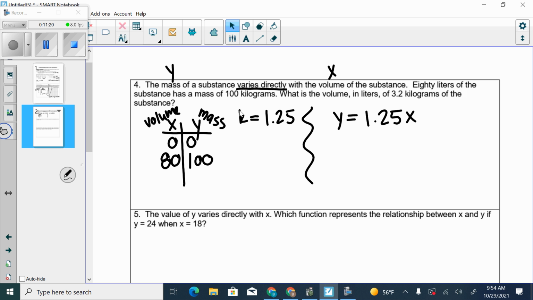They also said they want to know what would the volume be of 3.2 kilograms of the substance. Okay, so remember, kilograms was the mass. So I would take that 3.2, plug it in over here, set it equal to 1.25, and we're solving for x. So I would divide both sides by 1.25 so that we could get x by itself.